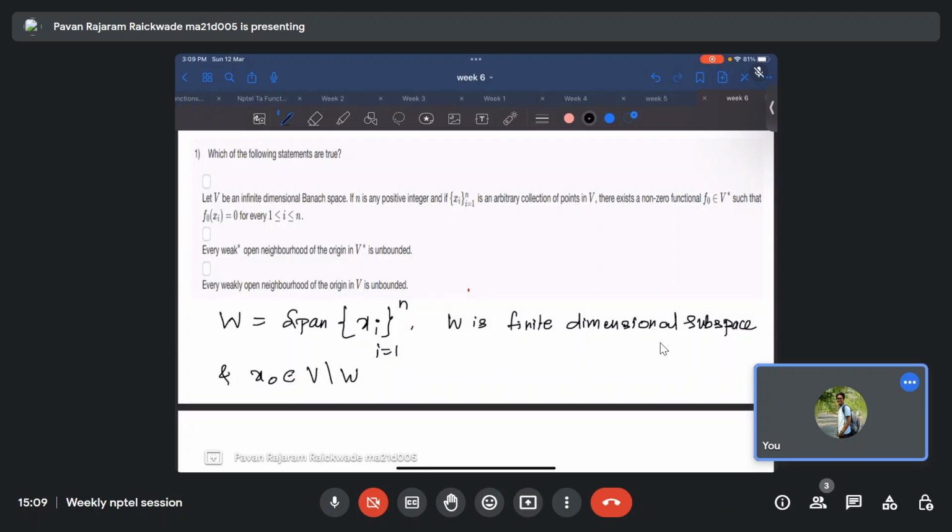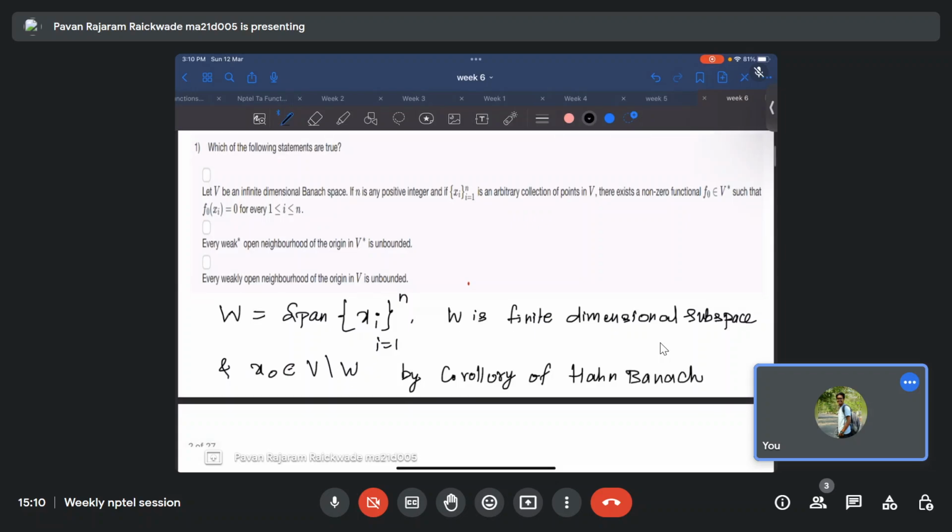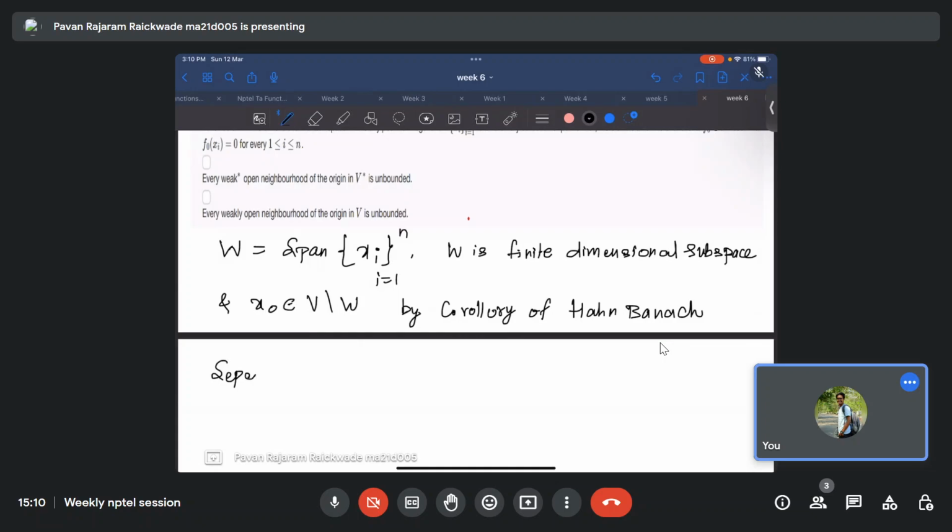So there exists some x naught in V minus W. By a corollary of the Hahn-Banach separation theorem, there exists f naught in V star such that f naught restricted to W is identically 0, but f naught is non-zero.